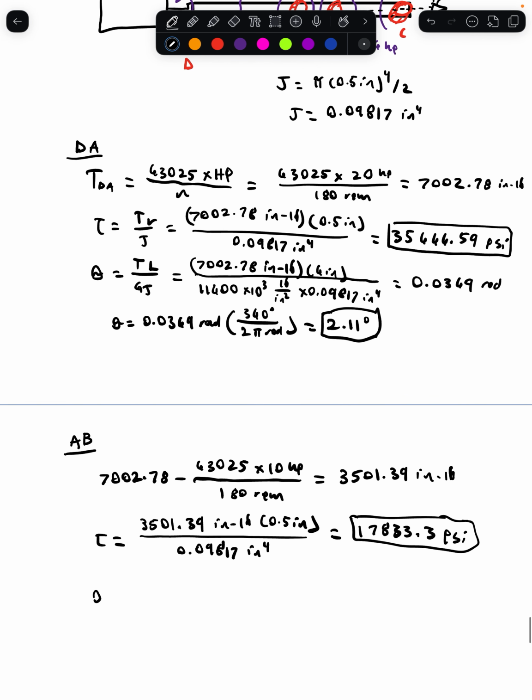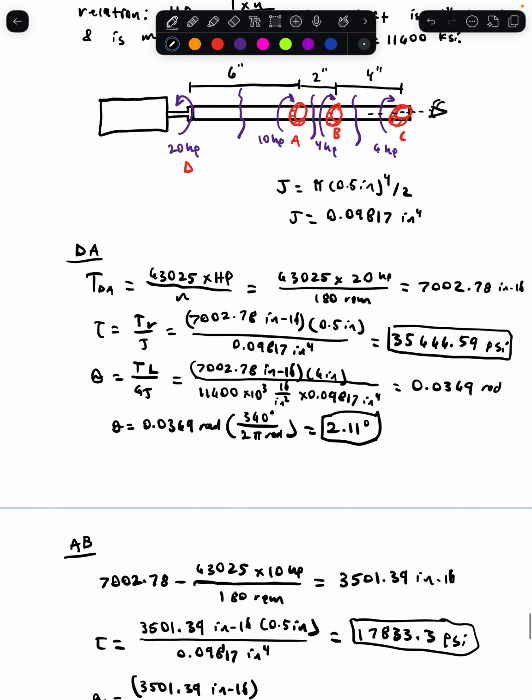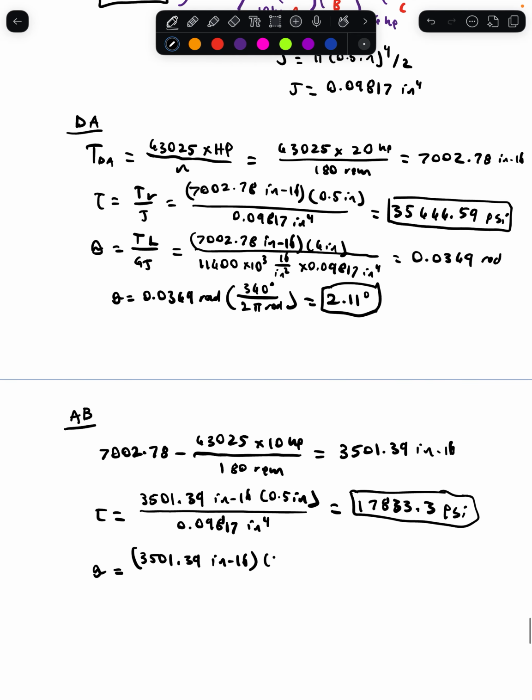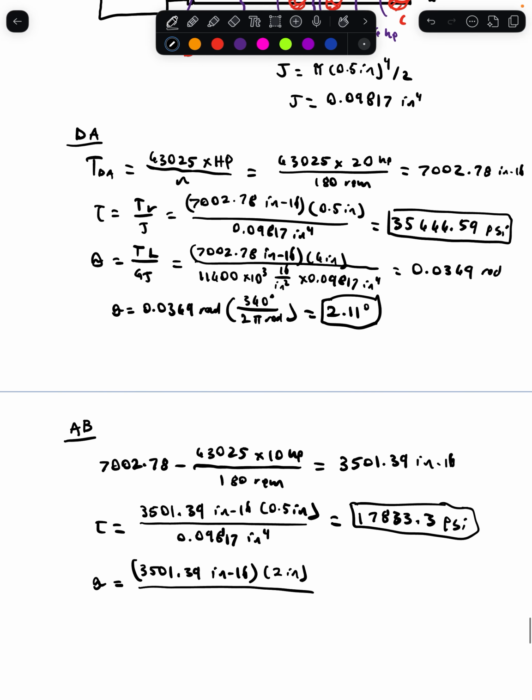And then for our angle of twist, we're going to have 3,501.39 inch-pounds times the length of that section, which is 2 inches. And then we're going to divide that by G, which is 11,600 times 10 to the 3 pounds per inch squared, times our J, which is 0.09817 inches to the fourth.